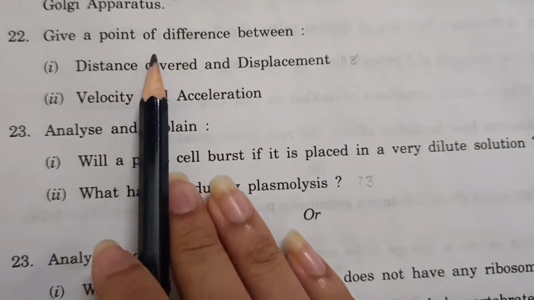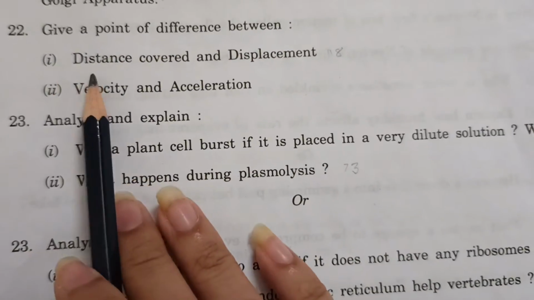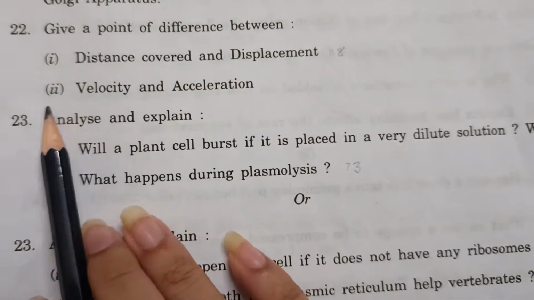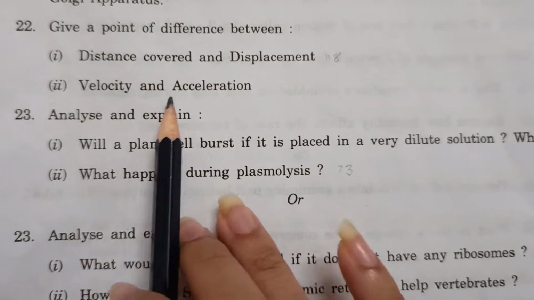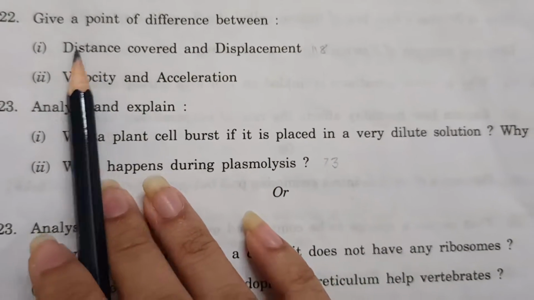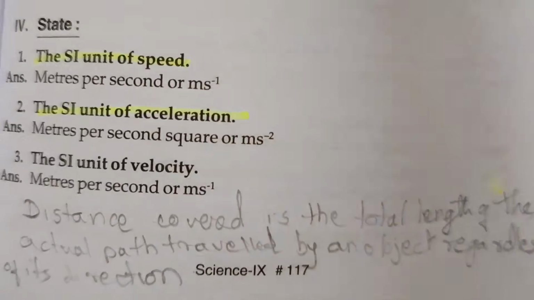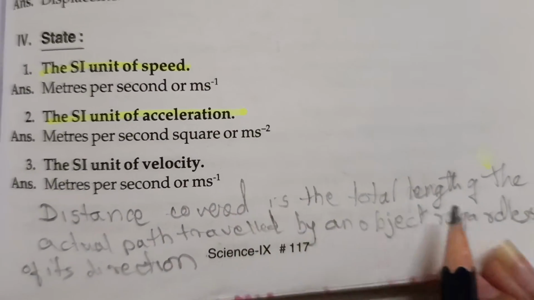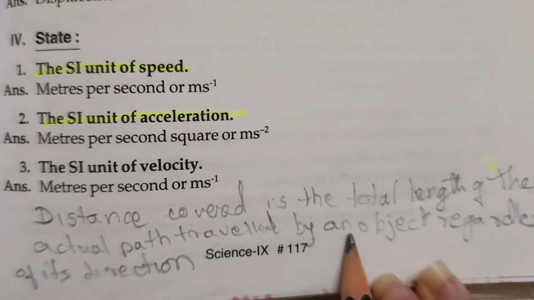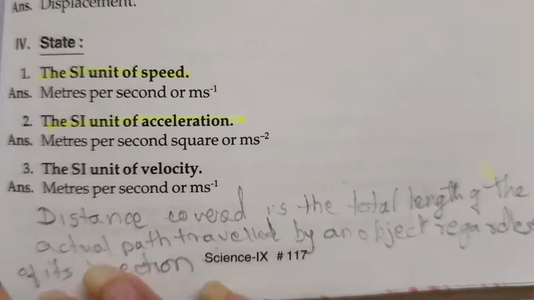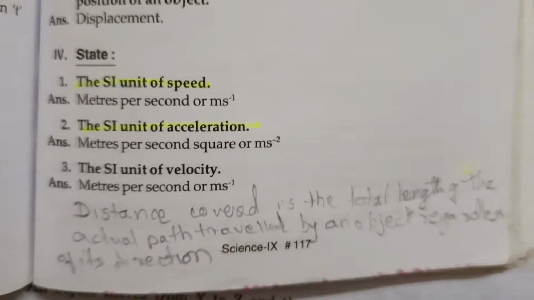Question number 2. Give a point of difference between first, distance covered and displacement, second, velocity and acceleration. First, distance covered and displacement. Distance covered is the total length of the actual path traveled by an object regardless of its direction.